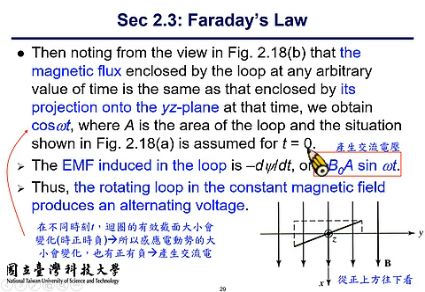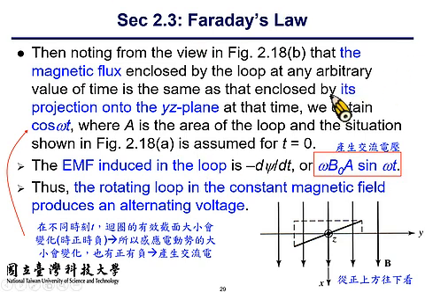So the time derivative of the magnetic flux enclosed by this loop can be found as omega B sub 0 A, where A is the area of the loop, times sine omega t, which originated from the cosine omega t of the signal source.